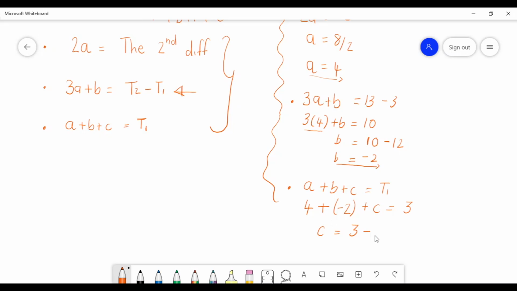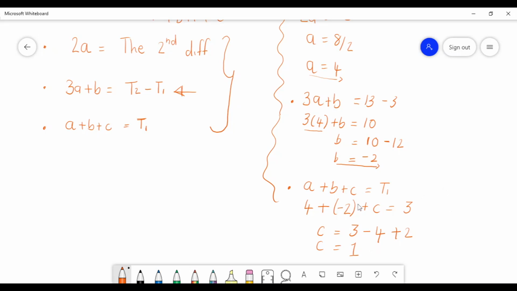We'll be left with a minus 4 because the 4 moves to the right hand side, and the minus 2 moves to the right hand side. It becomes a positive 2, and you are left with a c that is equal to 1. Positive 3 minus 4 plus 2 is equal to what, guys? It's equal to 1. Okay, and then we are done.